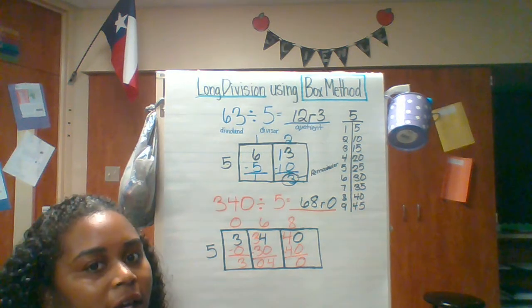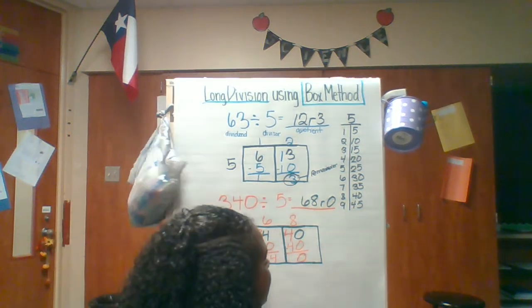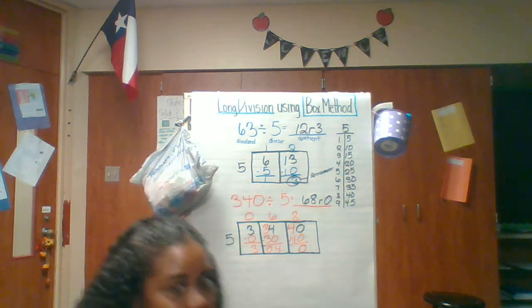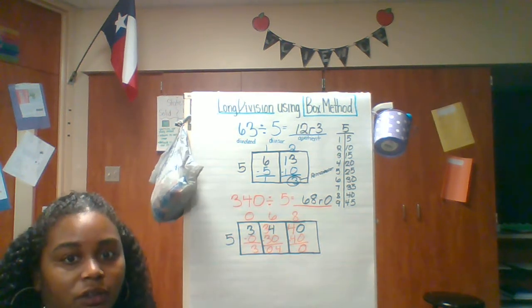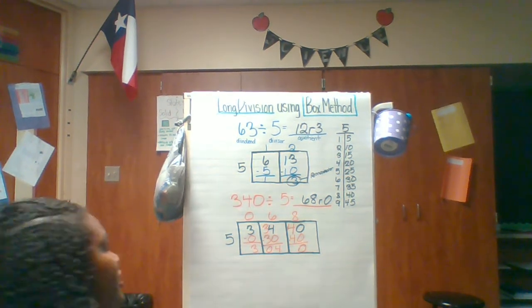All right, and we'll do one more example. Again, dividing by 5. We're going to do a 3-digit number again.